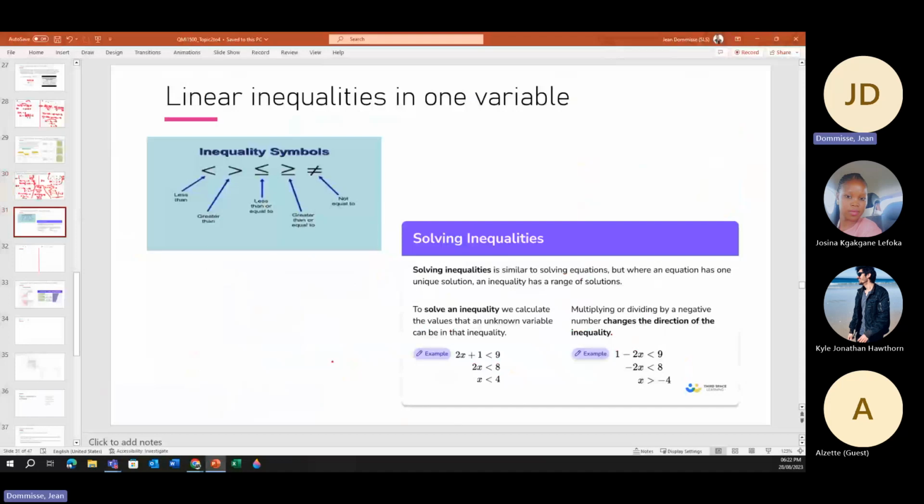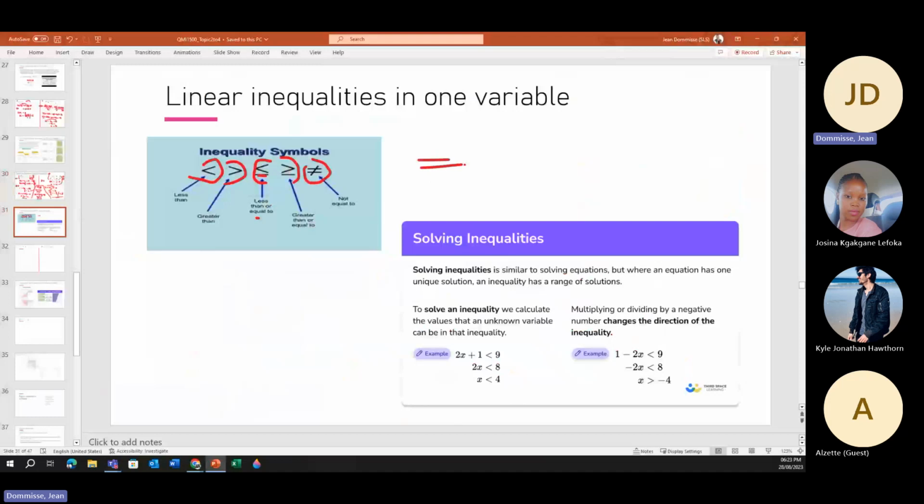So the five inequalities are: smaller than or less than, greater than or bigger than, then less than or equal, because the equal sign is included, greater than or equal to, and then the not equal sign.